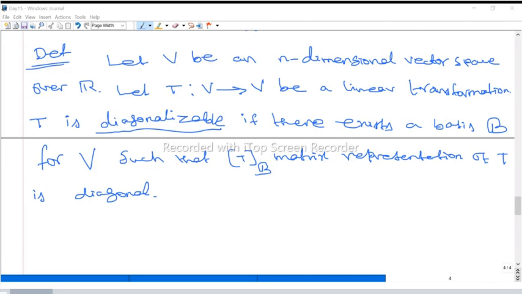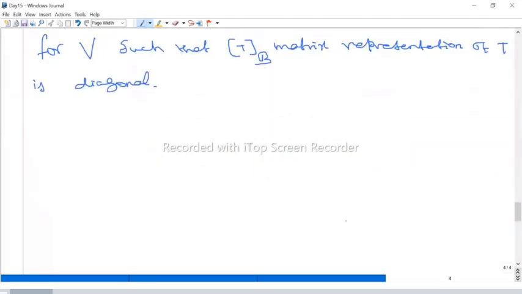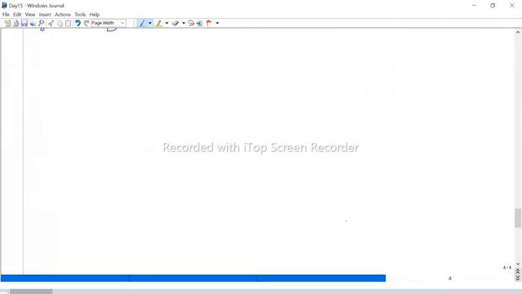Now we solve some problems. The first problem, example 1.